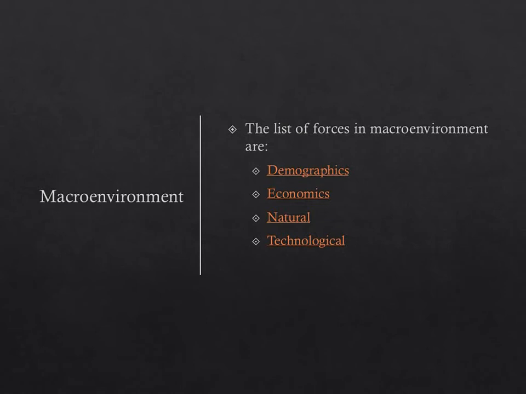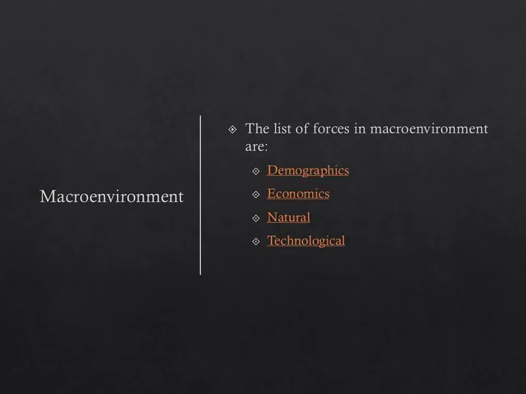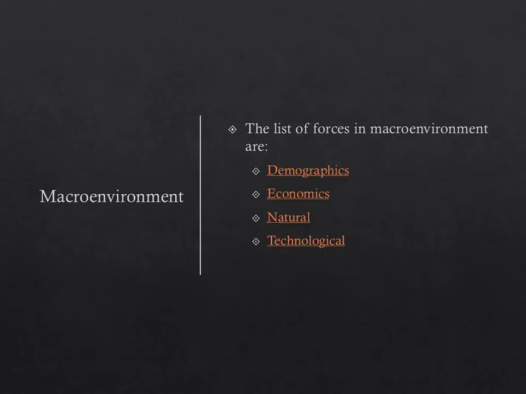Now these are the forces, the macro environment, which have an effect, or may have an effect, directly or indirectly on the micro environment elements given over here, and there are 6 elements over here. These 4 elements would have an effect on these 6 elements, right? So for example, when we talk about the demographics, we saw it in segmentation, what a demographic actually means.